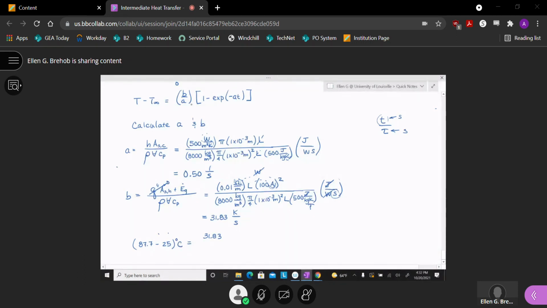Let's see, I had B over A, so B is Kelvin per second, and A, and 1 minus exponent, minus 0.50, 1 over second. And then I need a time in here.